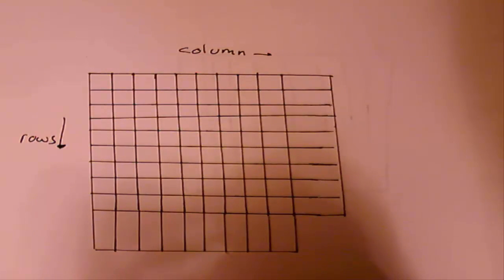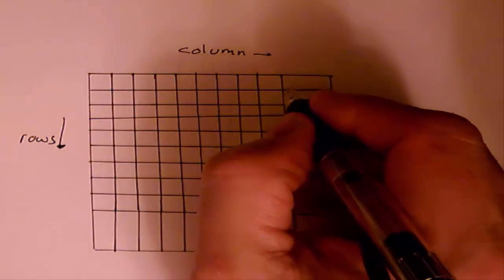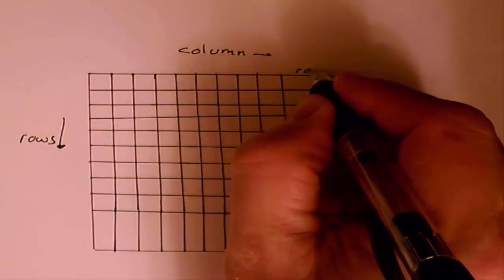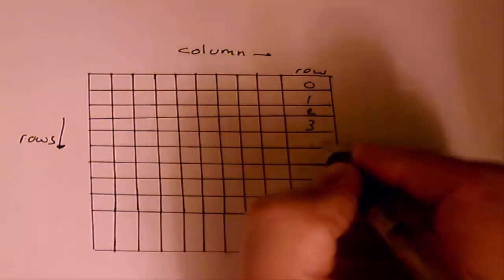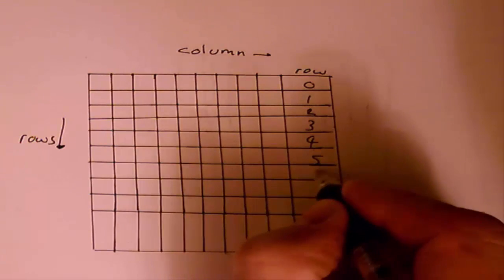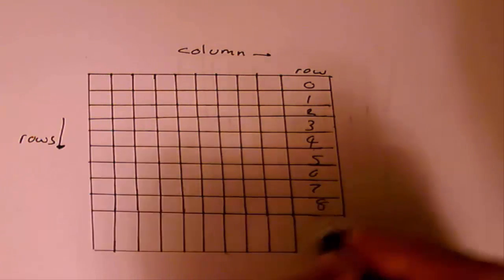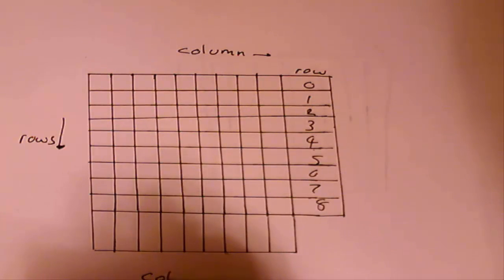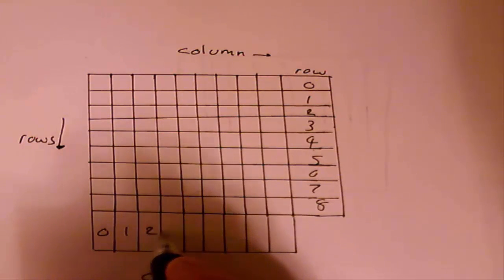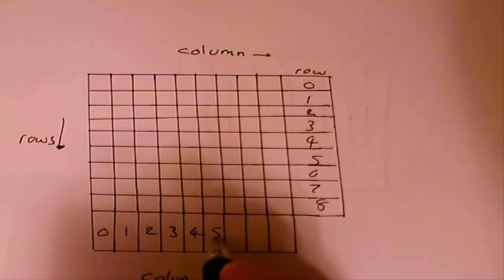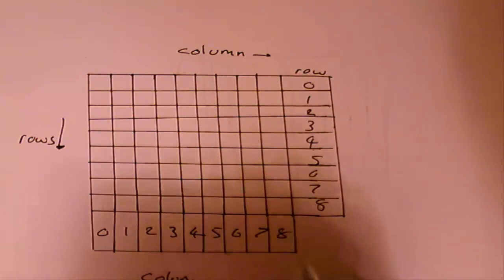Remember what we said about the way we're going to create the list here in Python. These then are obviously our row numbers, so our row numbers will go 0, 1, 2, 3, 4, 5, 6, 7 and 8, and obviously these are our column numbers, column 0, 1, 2, 3, 4, 5, 6, 7 and 8.